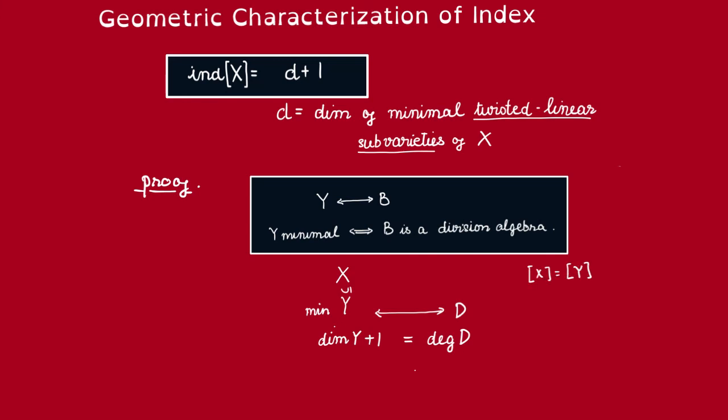In other words, D is the unique division algebra in the class of X. So by definition of index, the degree of D is just the index of the class of X. And so we see that the index of the class of X is going to be the dimension of Y plus 1. And that's exactly what we wanted to prove. So all the minimal twisted linear subvarieties of X are going to have the same dimension, and that dimension is going to be equal to the index of X minus 1.